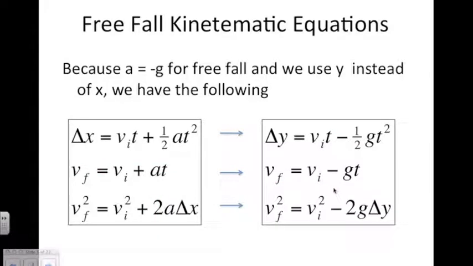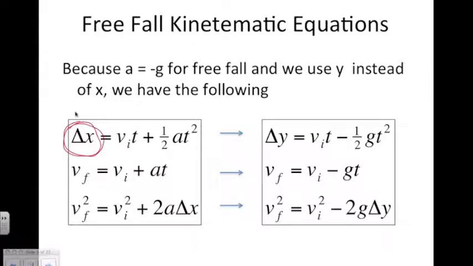So let's take this and apply it to the kinematic equations that we know already, that we talked about last chapter. Here we have an equation for displacement, what we call displacement, delta x, or simply x. That could be in any direction.